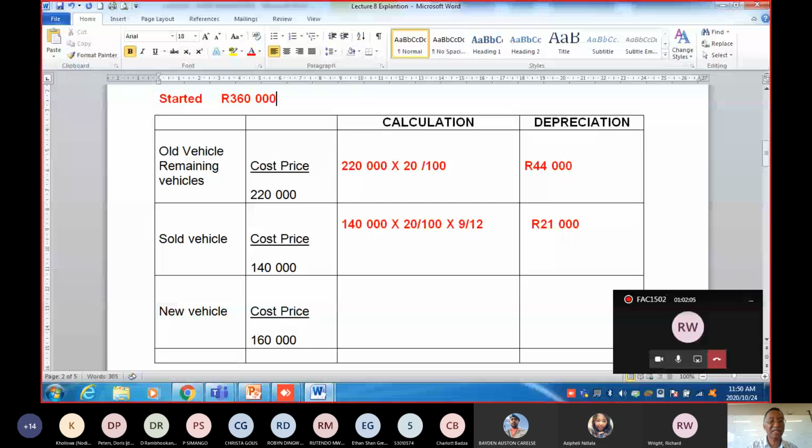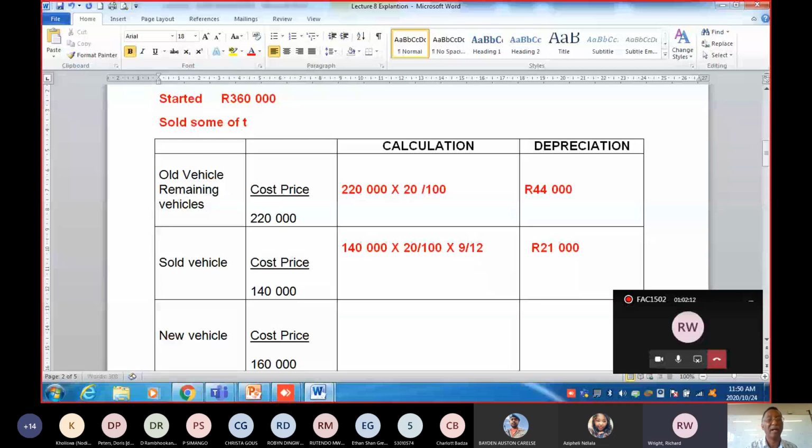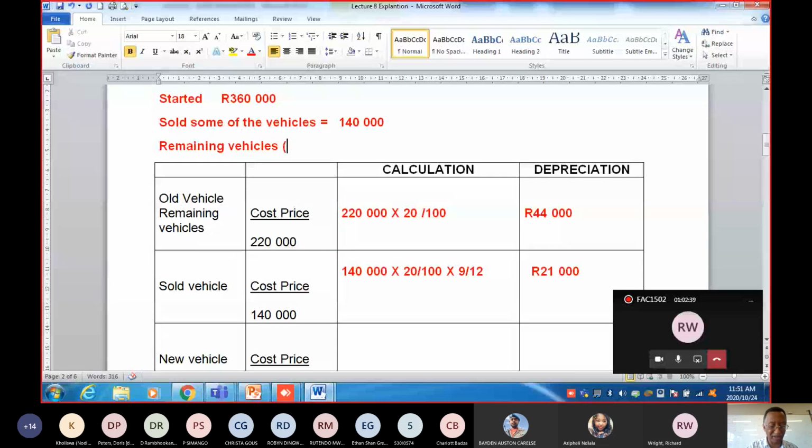We sold some of those vehicles, and the value of the vehicles that was sold was therefore 140,000 rand, which means that the remaining vehicles, or let us call that the old vehicles, must therefore be the amount of 220,000.